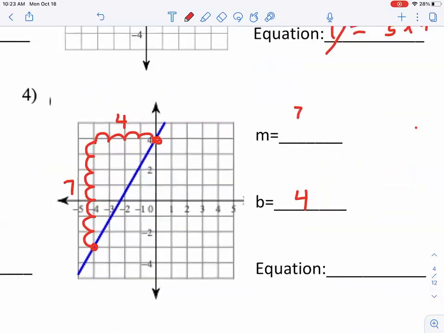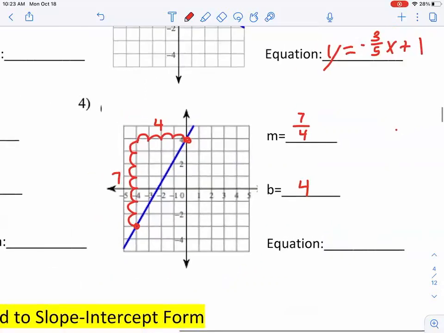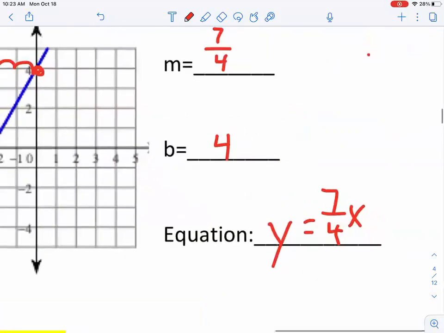So I have a slope of 7 over 4. So that means then my equation is going to be y equals 7 over 4x, because it's the slope, then x, and then the y-intercept, so plus 4.